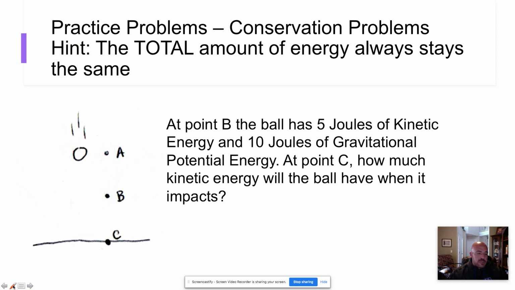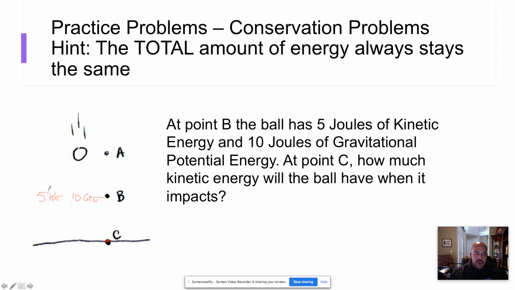And probably the hardest problem, and it's not that hard, is one that's trying to confuse you. At point B, it says we have 5 joules kinetic energy and 10 joules of GPE, gravitational potential energy. How much kinetic energy is at point C? All right, we do have to think a little.